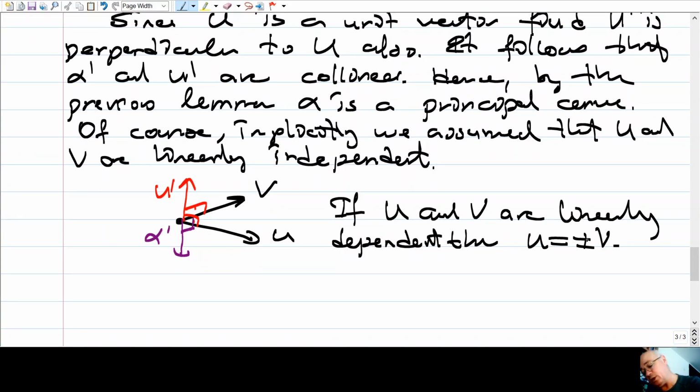By continuity, it is one of them at all points. In particular, u prime is equal to plus or minus v prime, but that is just zero because v is a constant vector field. This means that u prime is also zero.